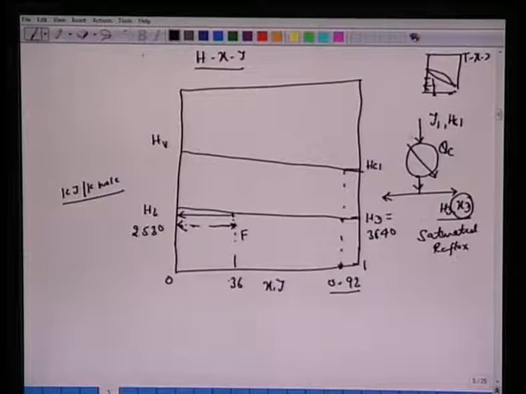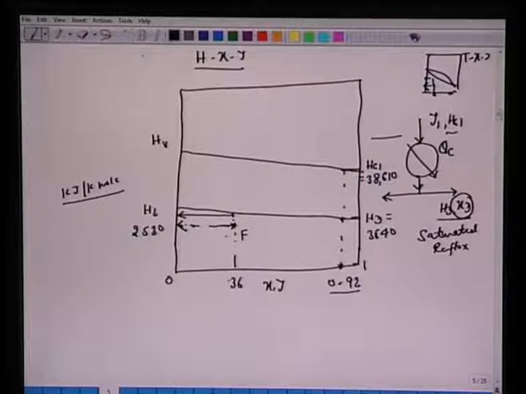So whatever vapor comes from the top plate is condensed completely to this liquid form. So this HG1 we can mark here, the enthalpy of the stream leaving the top plate or entering this condenser, and this number is 38,610. So we can mark this point here. We have also marked this point here.